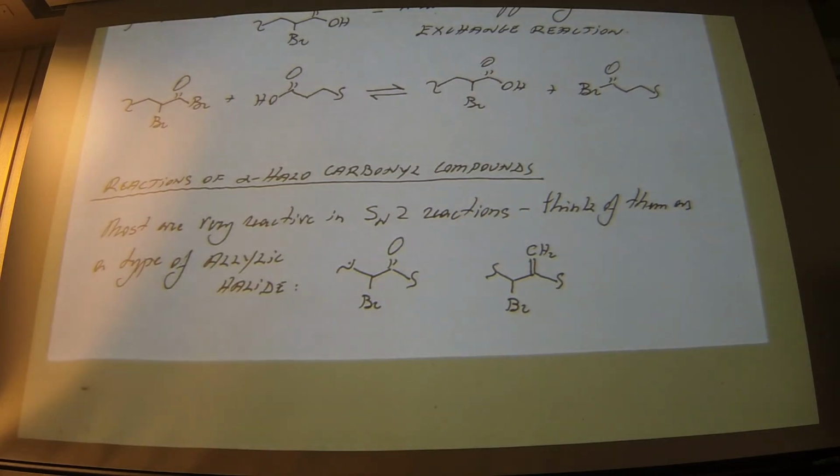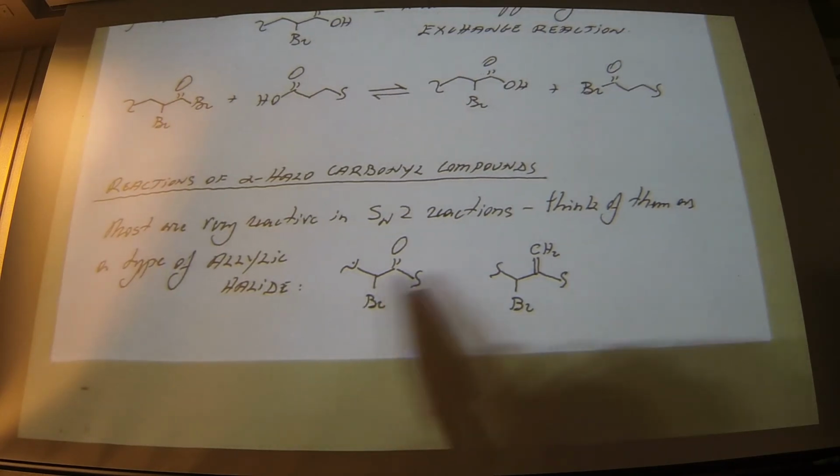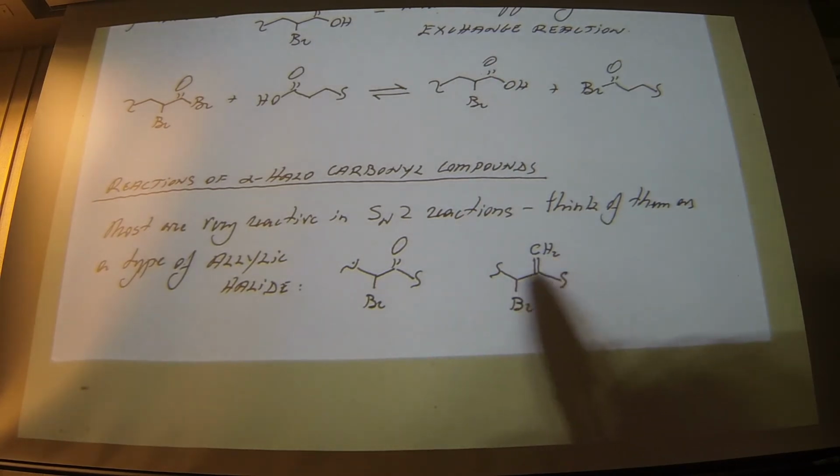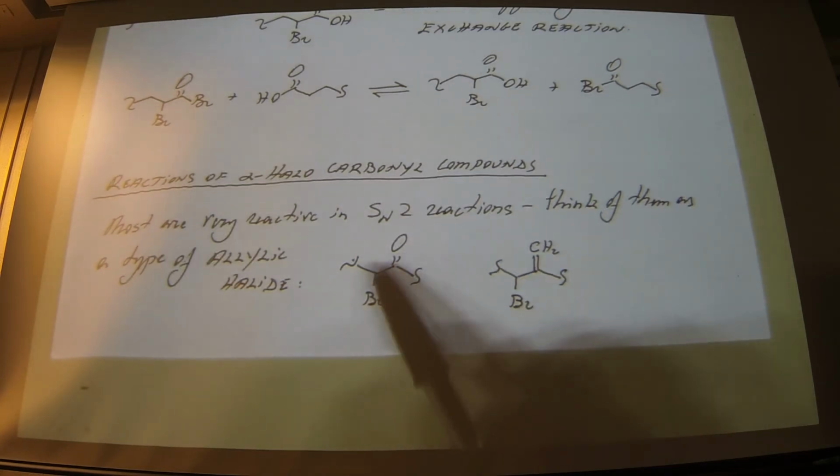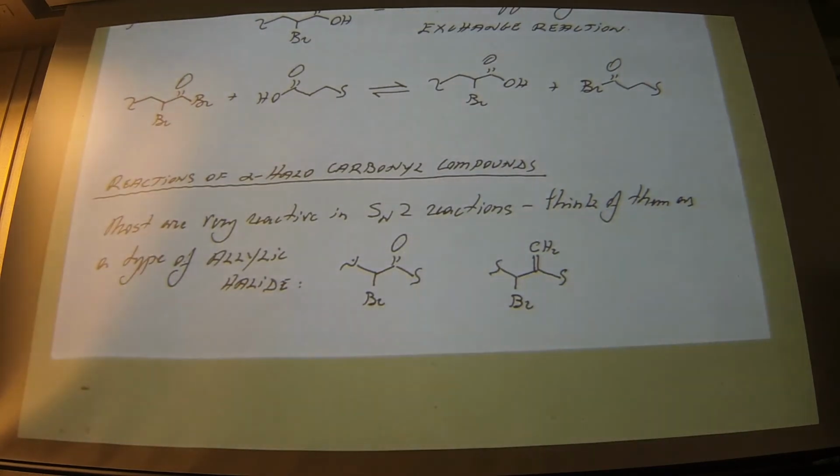You can do the same thing with an alpha halocarbonyl. So if I compare these two structures, this is a reactive allylic bromide. This looks pretty much the same, right? It looks like an allylic bromide, and so the reactivity is similar to an allylic bromide.